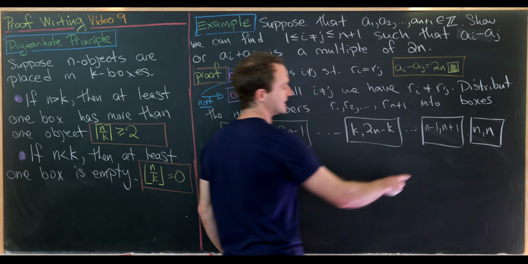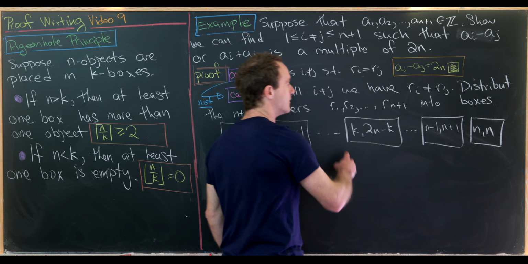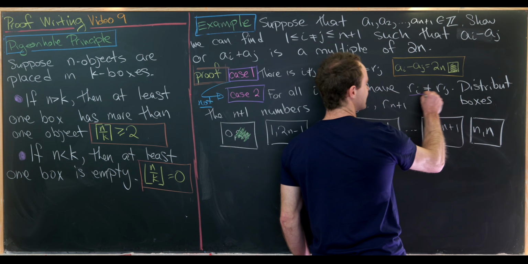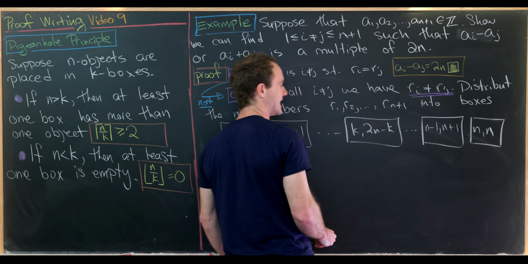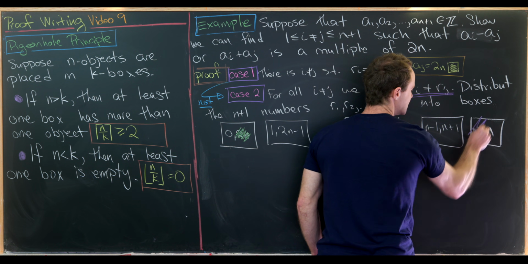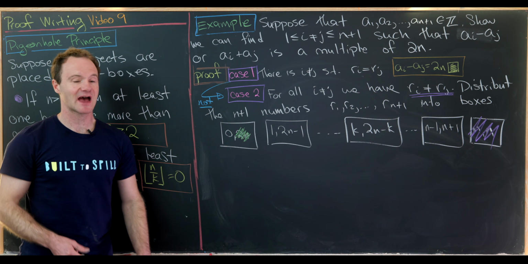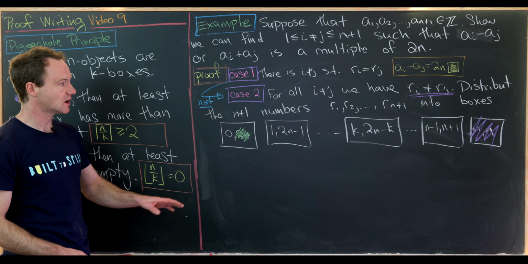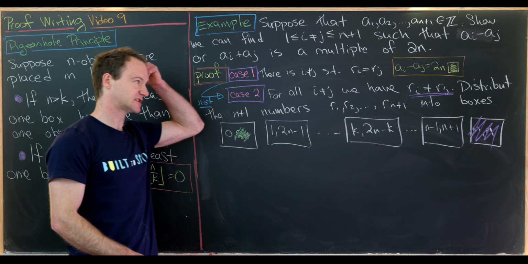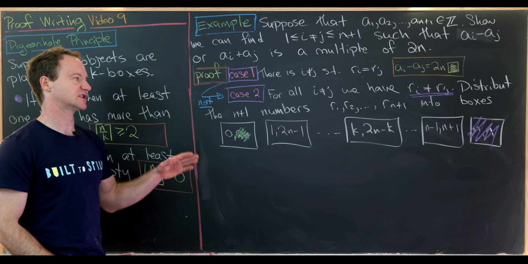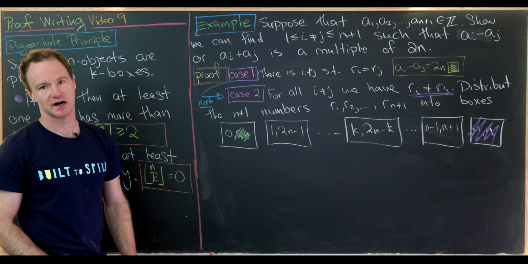We can throw away this last box where both of the remainders are equal to n, and that's because we have this assumption right here that the remainders are different. So that means we can scrub away that possibility, and we in fact have n boxes. So we've got n plus 1 objects to put into n boxes. That means 2 of those objects are guaranteed to be in the same box.